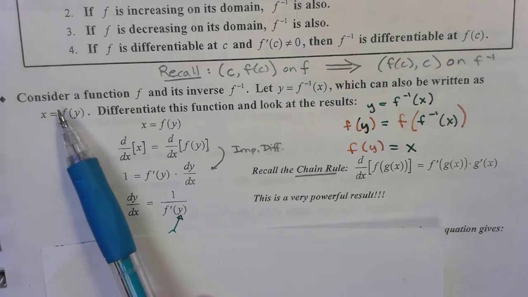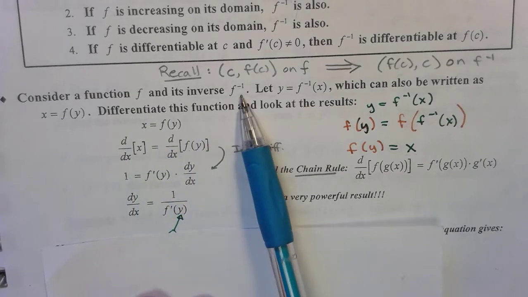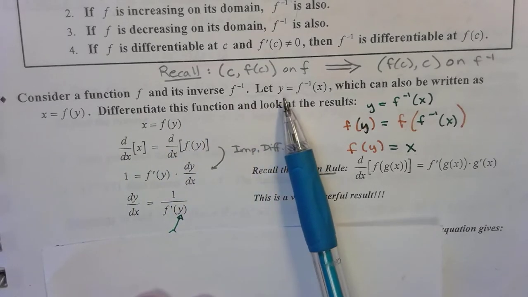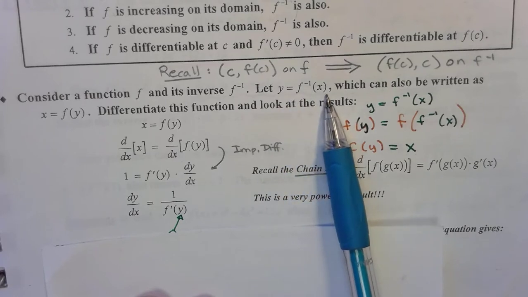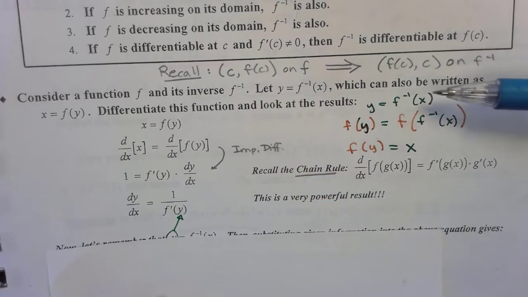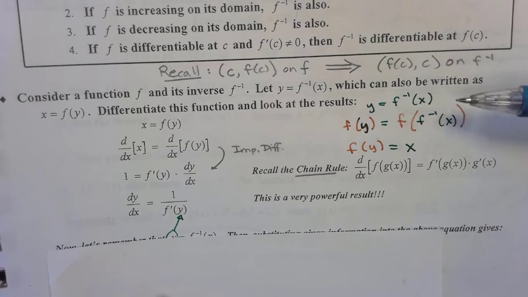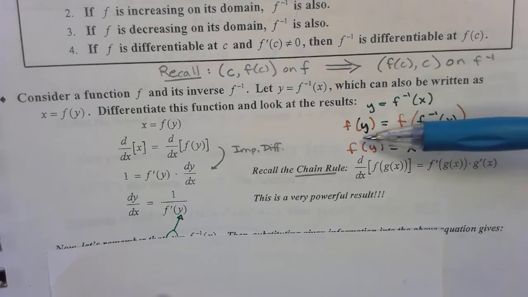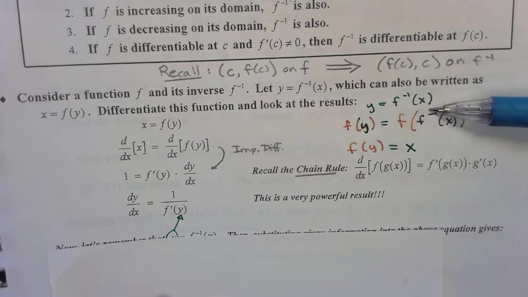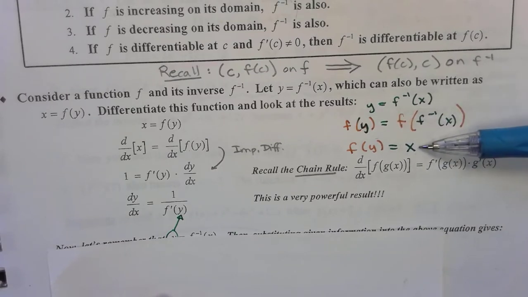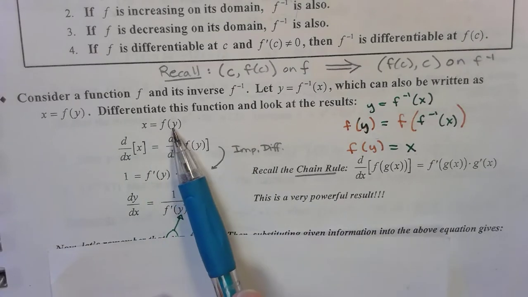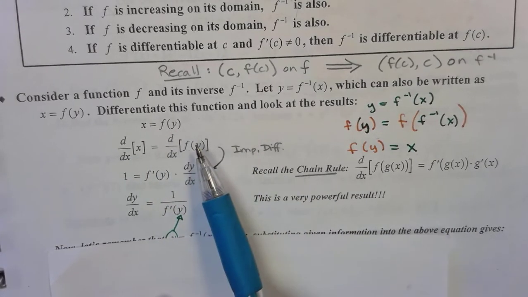So let's consider a function f and its inverse f inverse. Let's let y equal f inverse of x. Now we know from our pre-cal properties that if y is f inverse of x, I can apply the function to both sides of the equation. That's going to give me f of y here, and f of f inverse of x is going to be x here. So I have x equal to f of y. Now let's find the derivative of this equation.